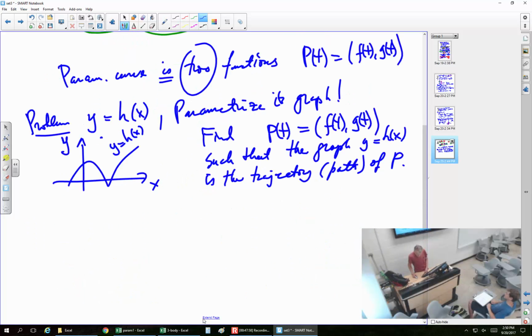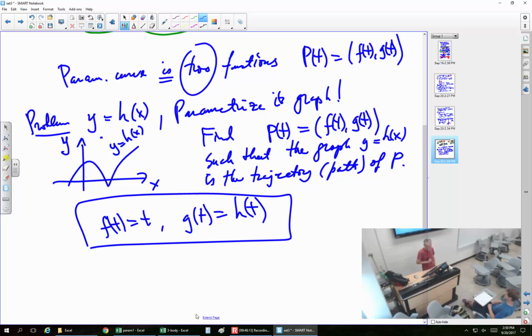The answer is f(t) is t, and g(t) is h(t). As you can see, you can always pick the first function very simply: you're moving at uniform speed along the x-axis, and the g function gives you the y-coordinate. Okay, we'll continue.